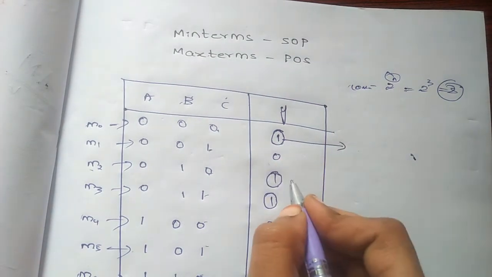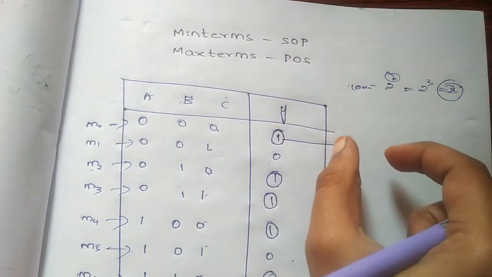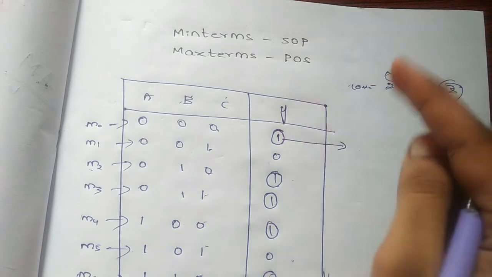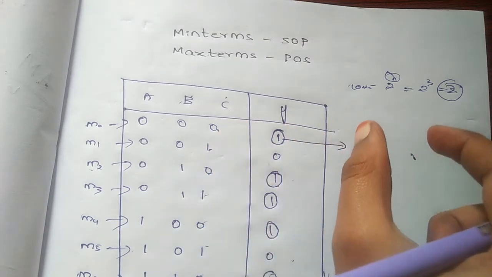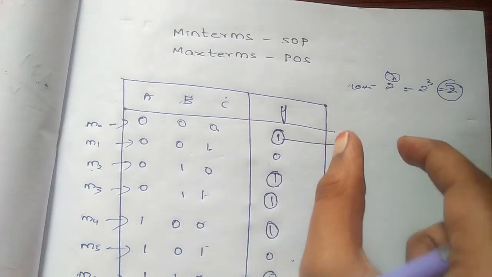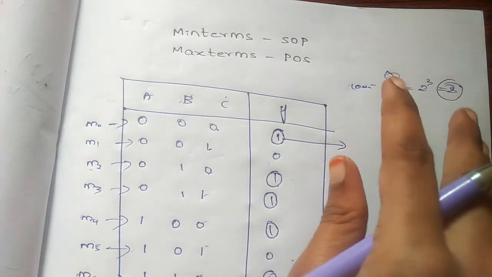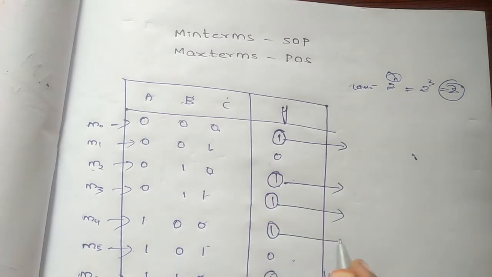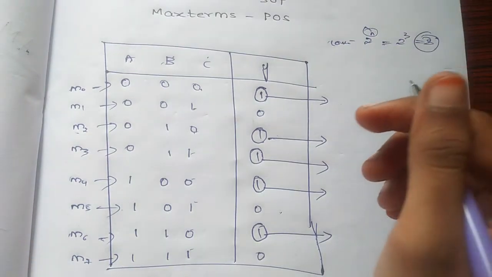I have told you that a minterm is nothing but a sum of products. So each term should be represented as a product, and all those products should be summed. We get 5 minterm terms.